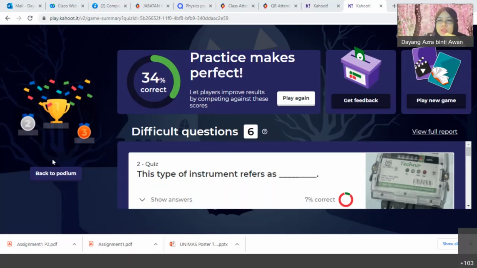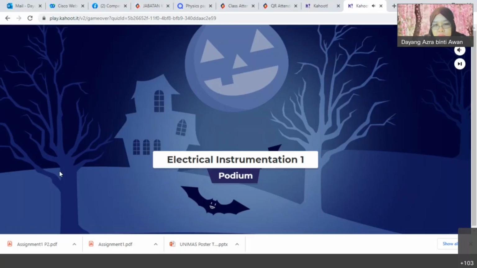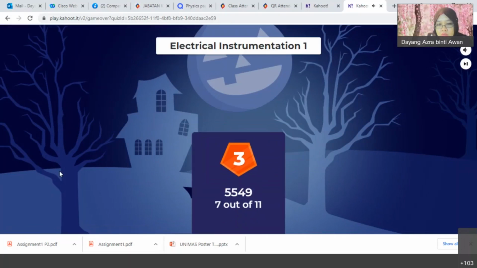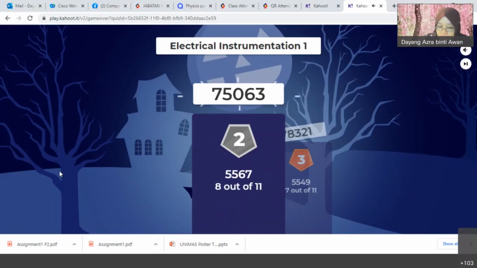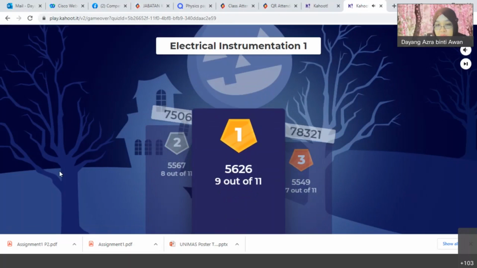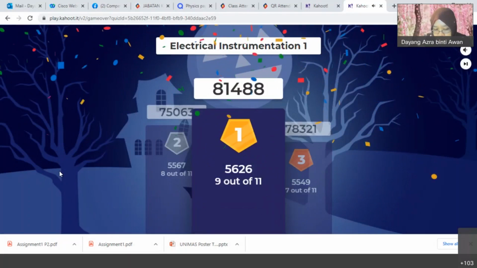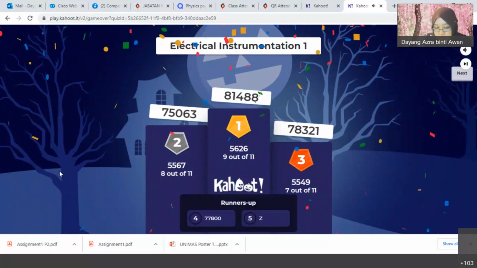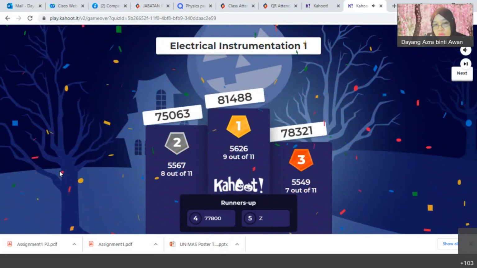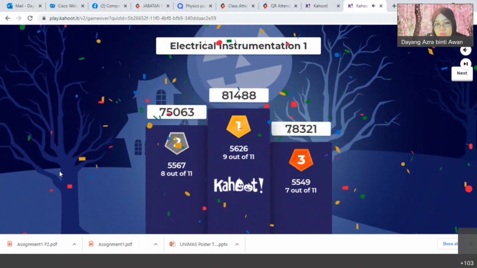Tapi lambat sikit lah, takut saya tunggu masa untuk post. Boleh saya tahu yang nombor 2? Siapa yang nombor 2 tadi? Number 1, number 3. Abang Azizul. So Awang is orang kat sini. 7, 8. 7, 6, 2.